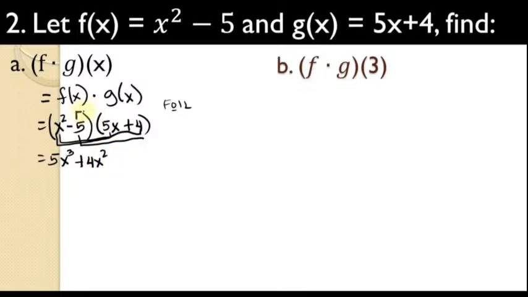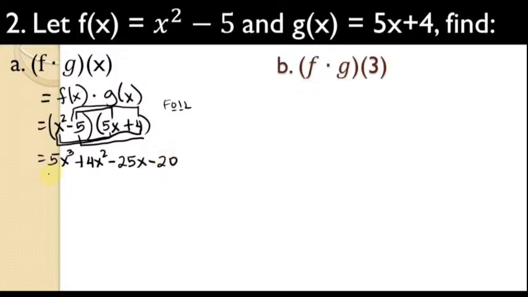Then negative 5 times 5x, so that is negative 25x, inner yan. Then last, negative 5 times 4, that is negative 20.